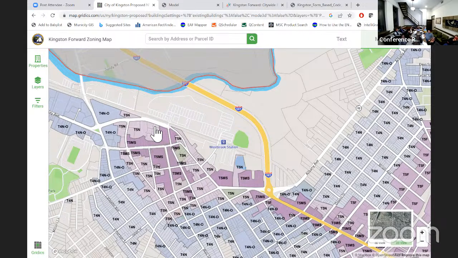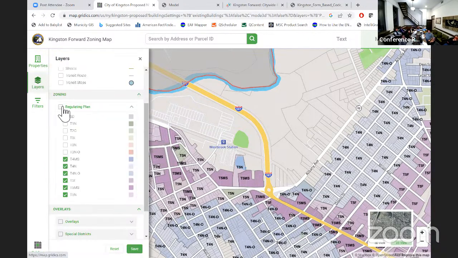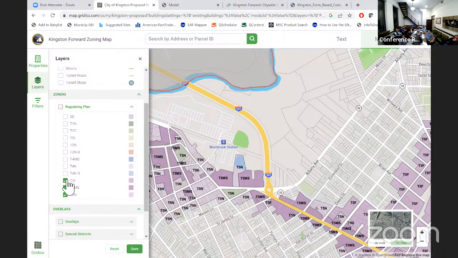Which one? T5N and T5 Main Street. Okay, all right, so we'll look at that as a mapping change.